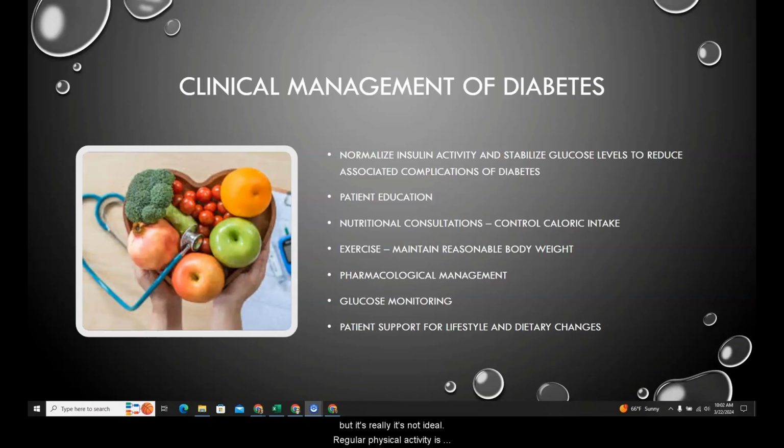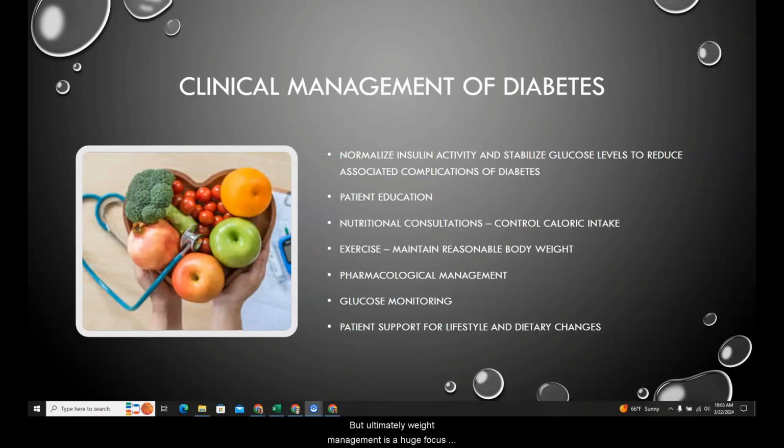Regular physical activity is huge. Walking, riding a bike, swimming is actually very, very beneficial, especially for your clients who are obese or struggle with physical activity. Maybe they've got knee problems or back problems or whatever. Swimming is actually an excellent activity for them to take part in, because you're almost weightless in the water, so movement in the water is a lot easier.